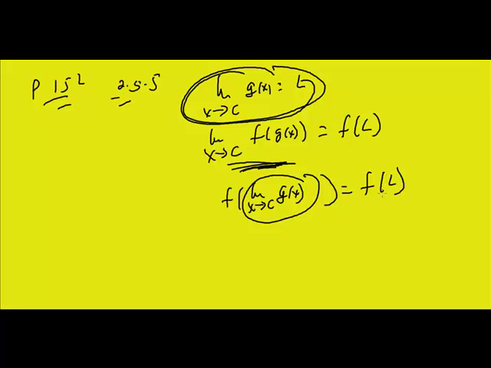Let's go down to the next theorem on the same page, theorem 2.5.6. I'm on page 152, and this says if function g is continuous at c and function f is continuous at g of c, then the composite function is continuous at c.